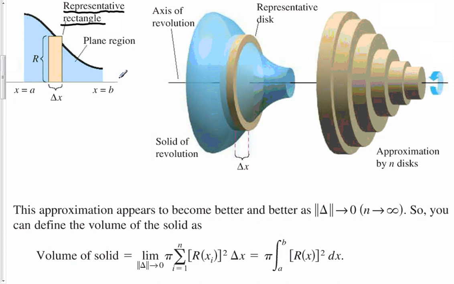So we want this region to represent the entire plane region. So this entire plane region is going to be revolved, but we're going to use a single rectangle since we want to create simple disks. We're going to use a single rectangle to represent this entire blue plane region that we are going to revolve about the axis of symmetry.